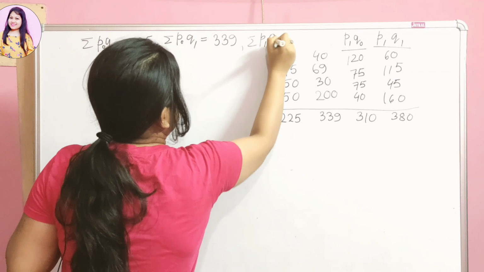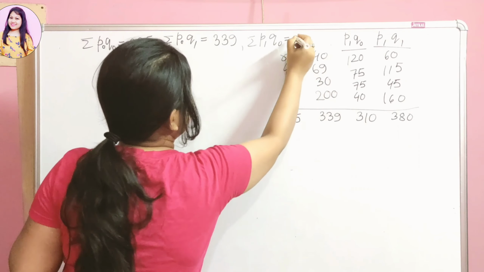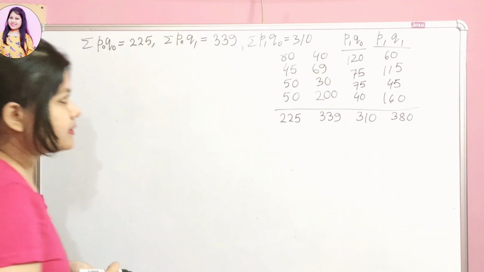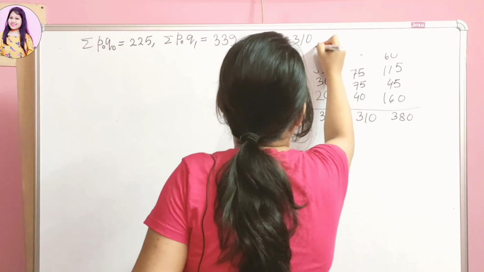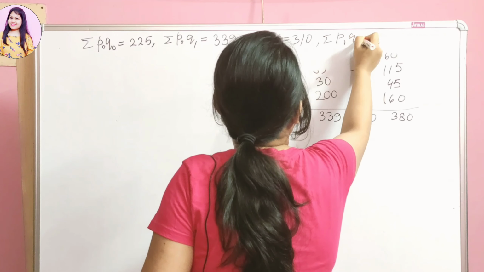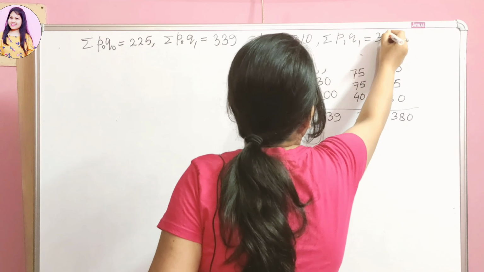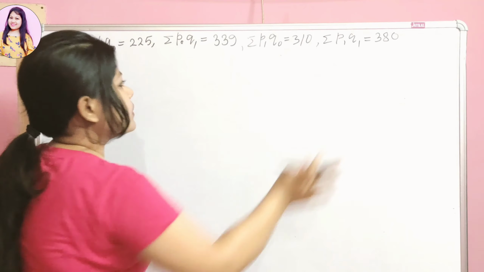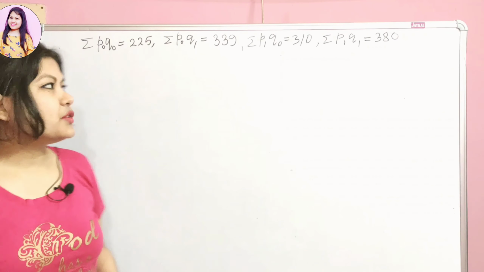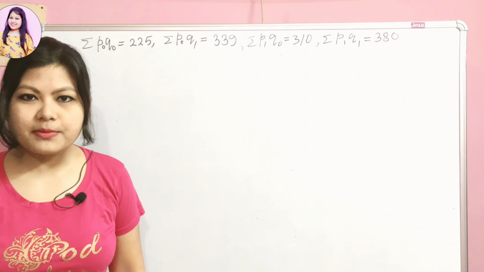Summation of P1 Q0 is equal to 310. And the last value, summation of P1 Q1 is equal to 380. So we have found all the necessary summation values.